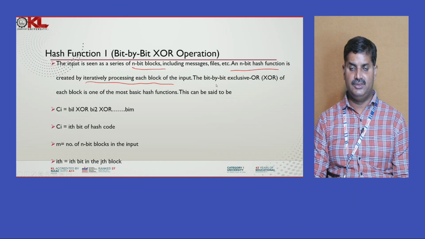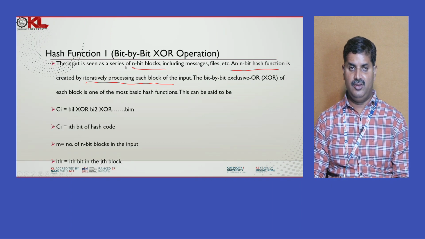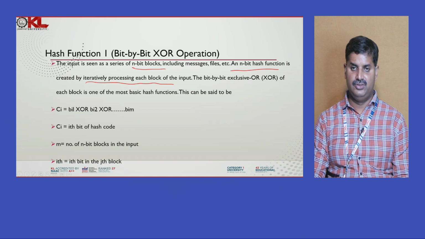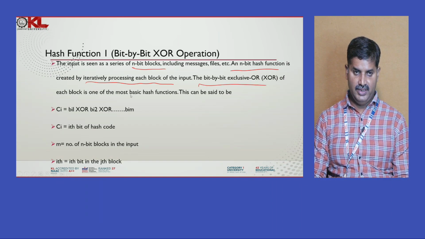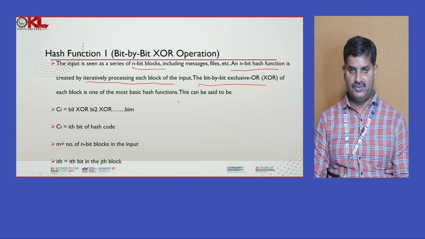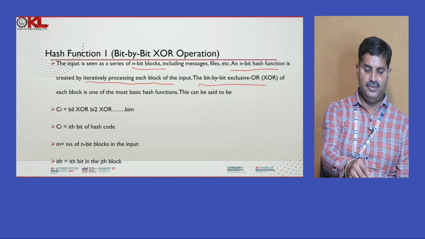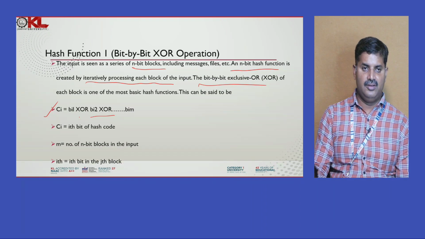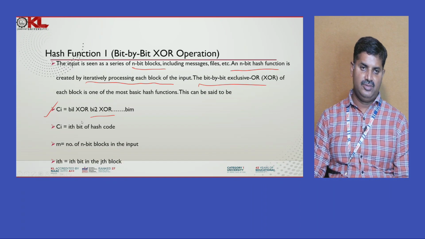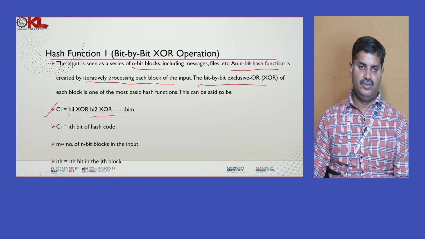The function used in this hash function is bit by bit exclusive OR, so that each block is provided to the hash function to compute the cryptographic hash value. Ci is very important to legitimate the message through the exclusive OR function, through a series of bits.